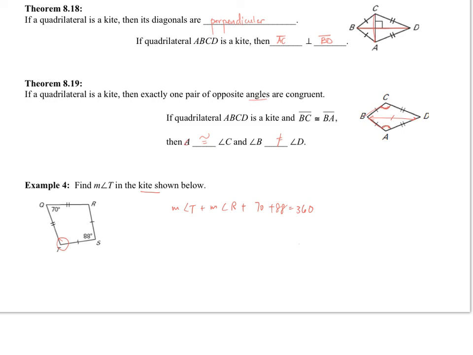And since by theorem 8.19, angle T must be congruent to angle R, I can go ahead and double the measure of angle T. And then the measure of angle T, which also equals the measure of angle R, should equal 101 degrees.